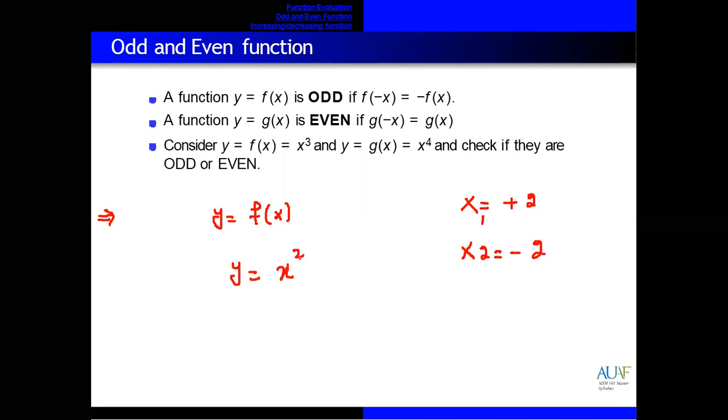So if you give a plus value or minus value, the result is the same. Like for the first plus value, x is equal to 2, y is equal to 2 square, and 2 square is equal to 4. If you give x is equal to a minus value, y is equal to minus 2 whole square, and minus 2 whole square is again equal to 4.